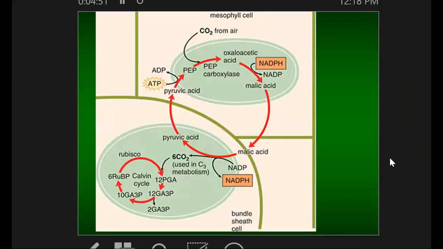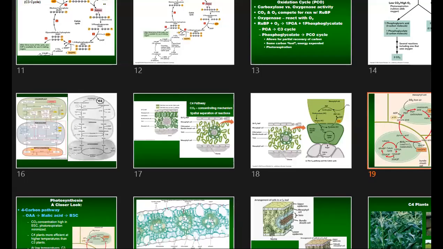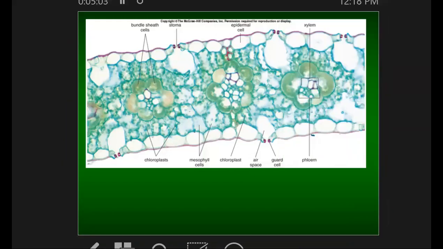unfortunately. This is, I think, from your book. It's saying the same thing. So whichever one you want to look at to learn off of, that's fine. So I think we were last time looking at this idea of the internal anatomy of the leaf being a little different for C4 plants because their bundle sheath cells are so important and they're running the Calvin cycle exclusively.